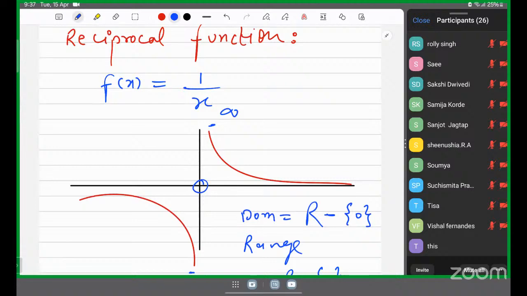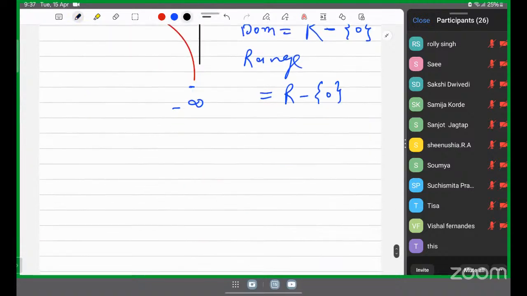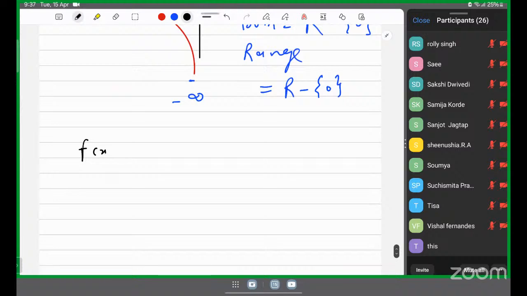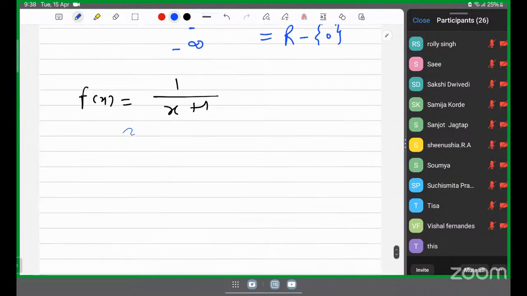Based on this function, if I give you another function, let's say I write here f of x is 1 upon x plus 1. What will be its domain? For domain, we have to take all x for which the given function is well defined.